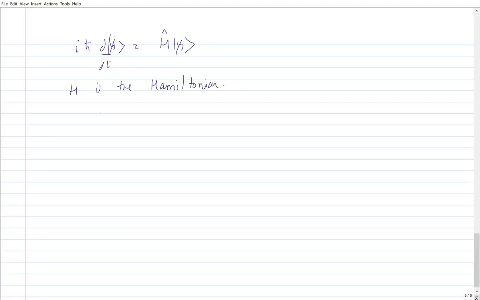In other words, the state vector at time t is equivalent to the initial state vector, I think I'm missing a minus sign somewhere, so you guys just fix it, and this is a unitary evolution.